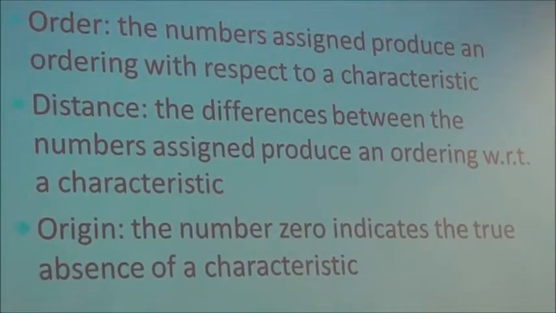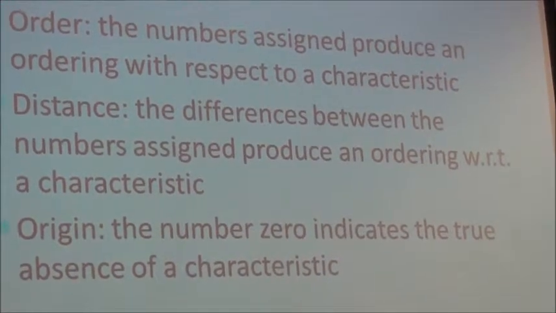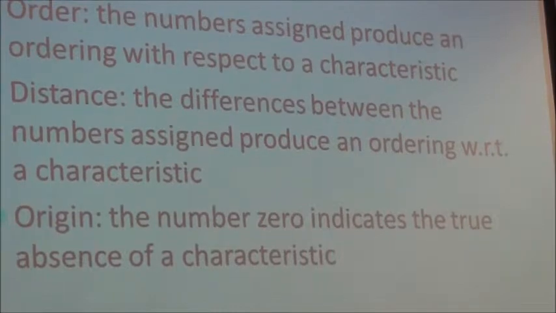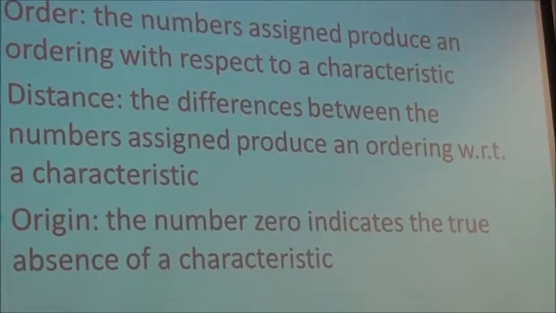It's your choice to decide that. So you could use a Likert scale from -2, -1, 0, 1 and 2, or you could use 1, 2, 3, 4, 5, in which case the point 0 doesn't indicate absence.